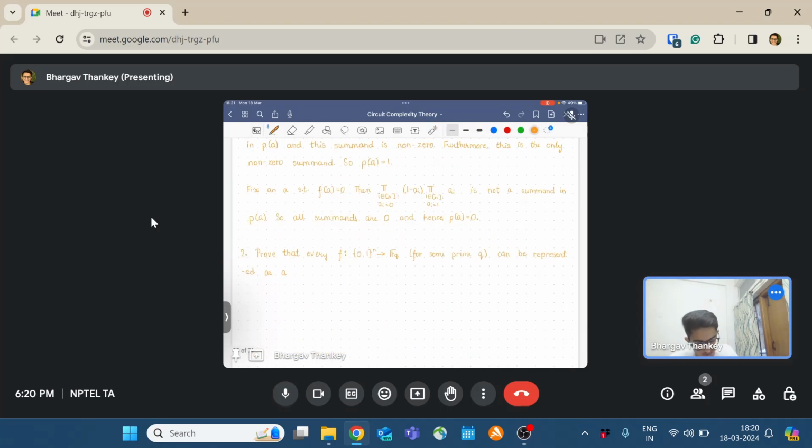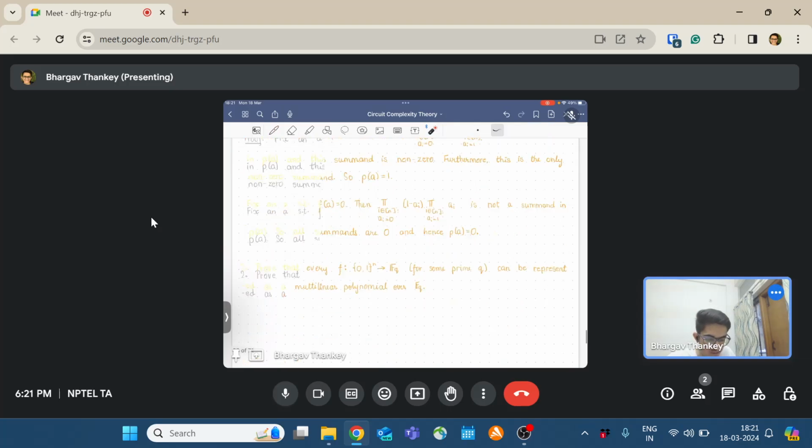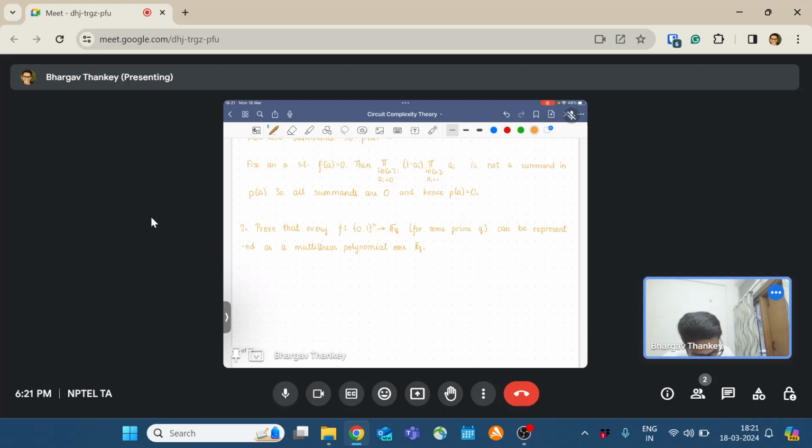So let's go back to the second question. Prove that every function is a multilinear polynomial. So the polynomial that we saw over here was over F2. Now we are doing this over an arbitrary field, F_q.